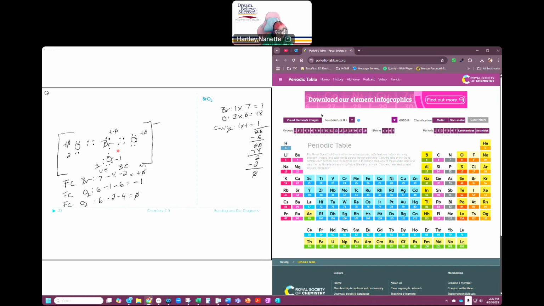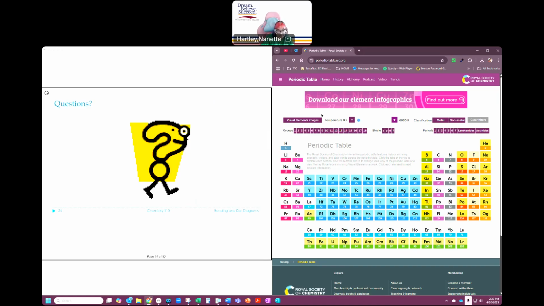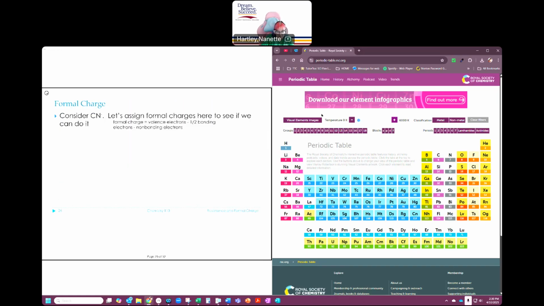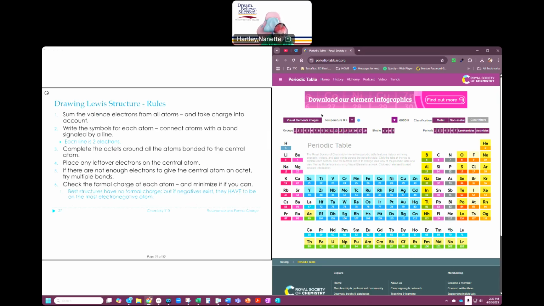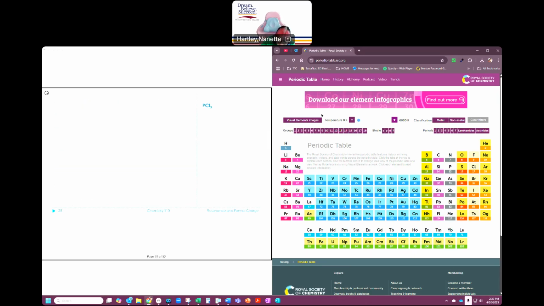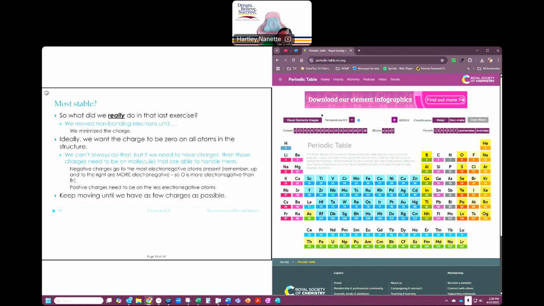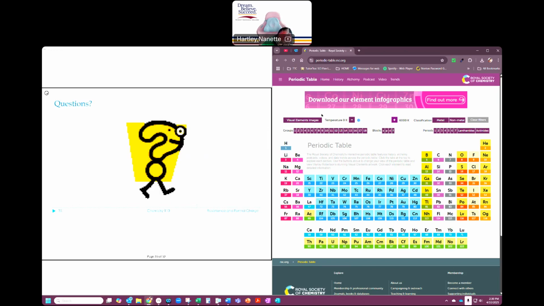So we have to be able to show how that really looks. And we do that by drawing multiple structures. And so what that looks like is, give me a second. I'll come back to those other things.